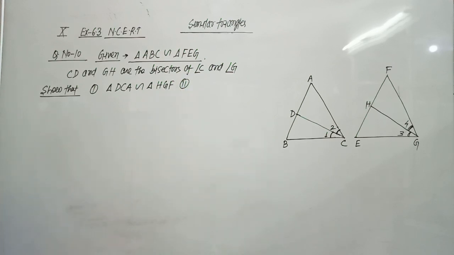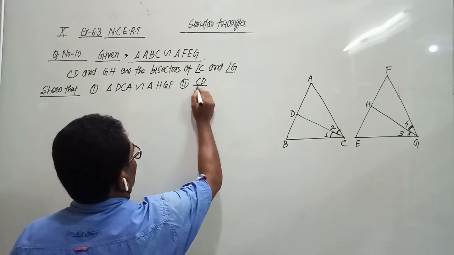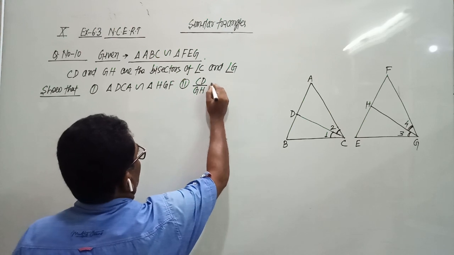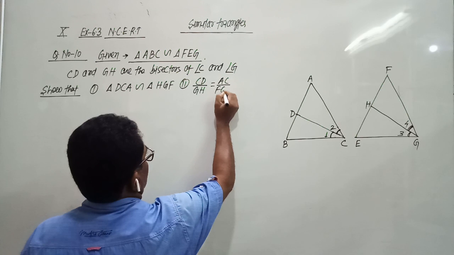And the second part, CD upon GH equals AC upon FG.